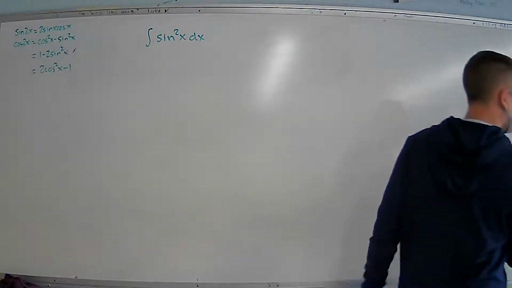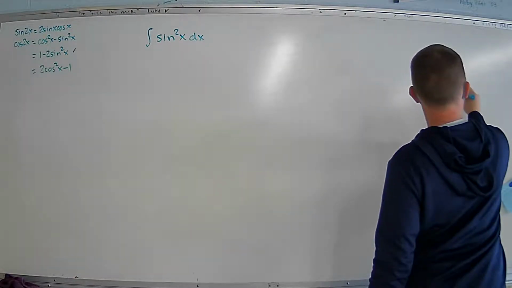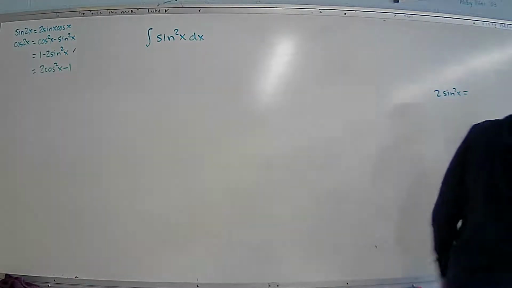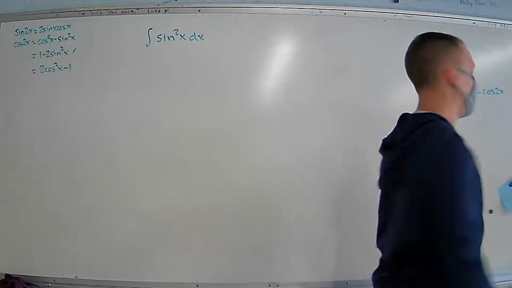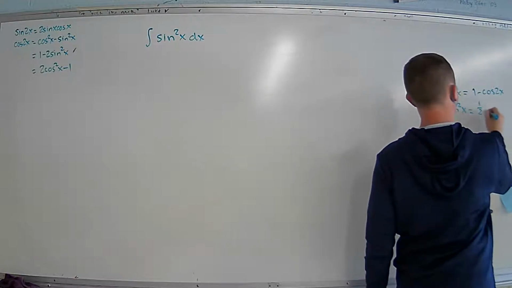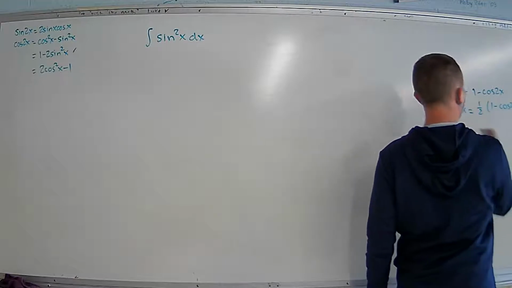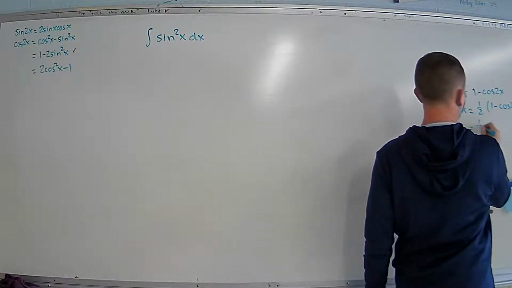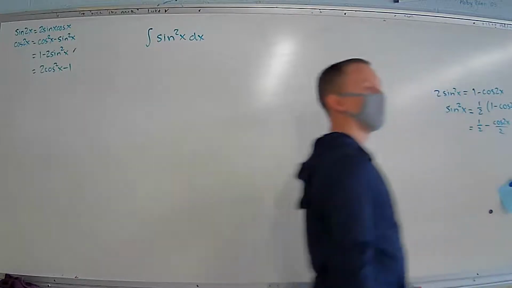So we get 2 sine squared x equals 1 minus cosine of 2x, right? So sine squared is 1/2 times 1 minus cosine of 2x. Or, if you want to distribute the 1/2, like that.